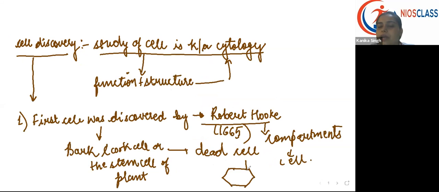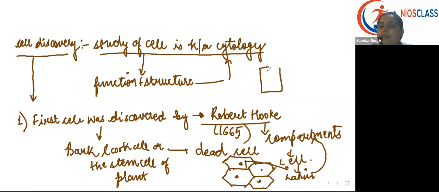Different kinds of compartments were drawn, and they are attached to each other in different manner. They are joined like this. So every compartment is known as a cell. And in Latin, cell means compartment only. Everything which is enclosed by four walls and has space inside is known as a compartment or cell.